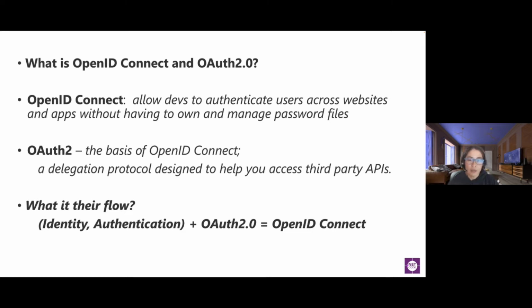So in a nutshell, the OAuth 2 protocol along with OpenID Connect provides a wide range of options for properly securing applications. So basically, identity authentication plus OAuth 2 equals OpenID Connect.